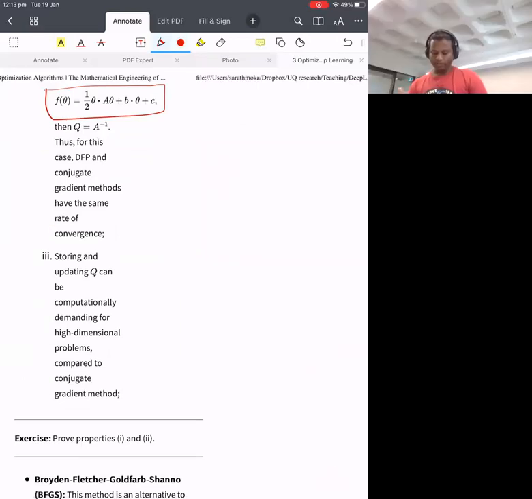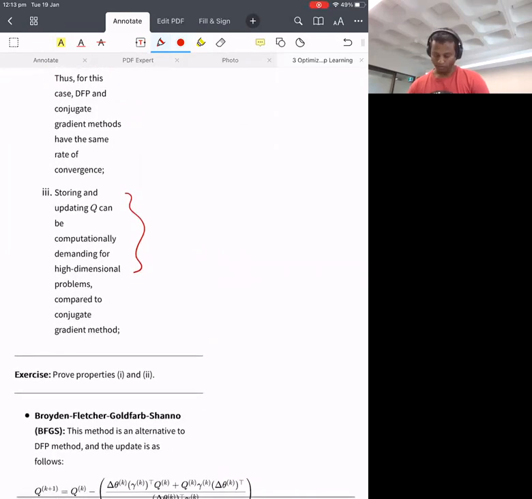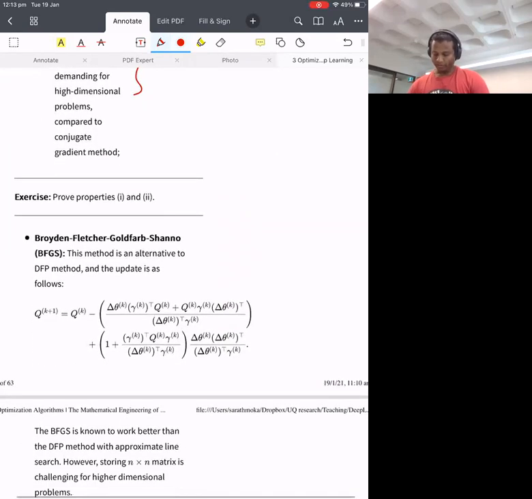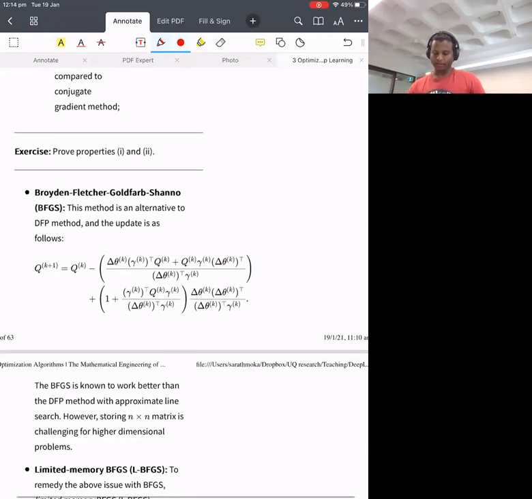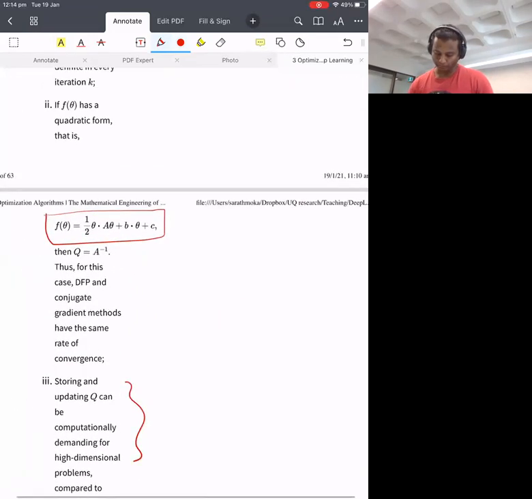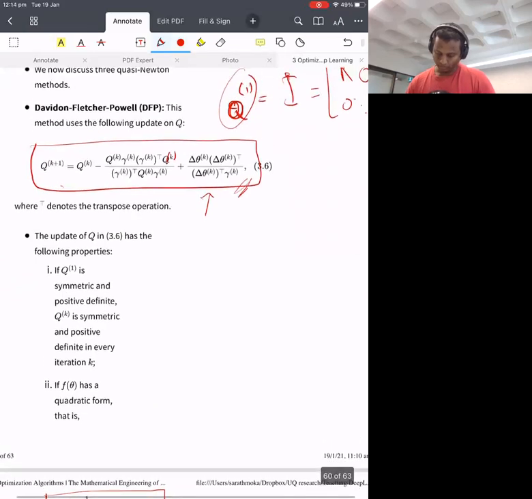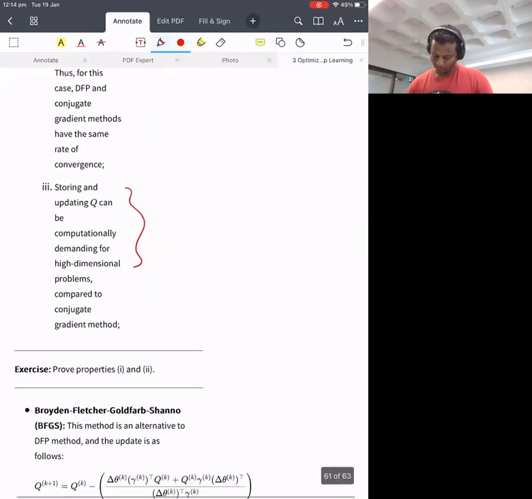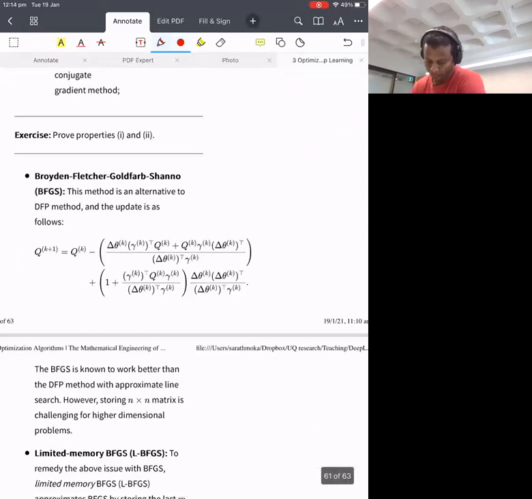But the problem is that again we need to store this Q and update it, and that's very computationally demanding in high dimensional problems. That we will look at in the third method. But before that, there is an alternative to this DFP method. To this update, we can actually update using this.